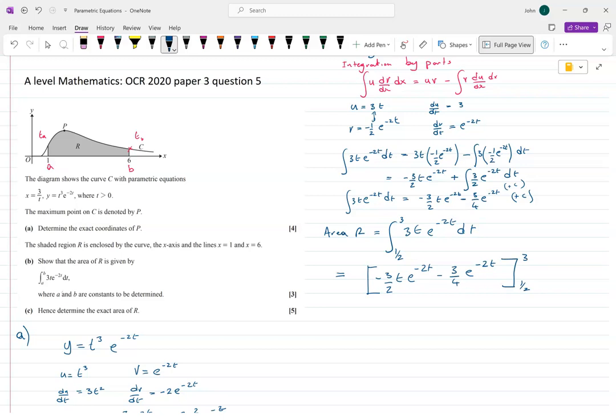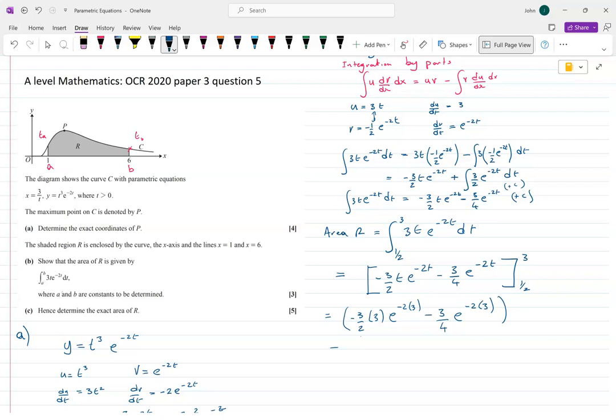Okay, so I'm going to just put the limits in. So that's equal to minus 3/2 times 3 e to the minus 2 times 3, minus 3/4 e to the minus 2 times 3. Take away the limit with half in it.